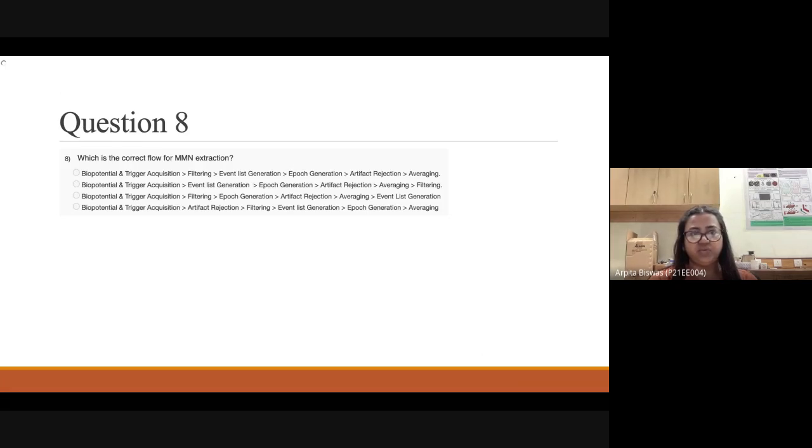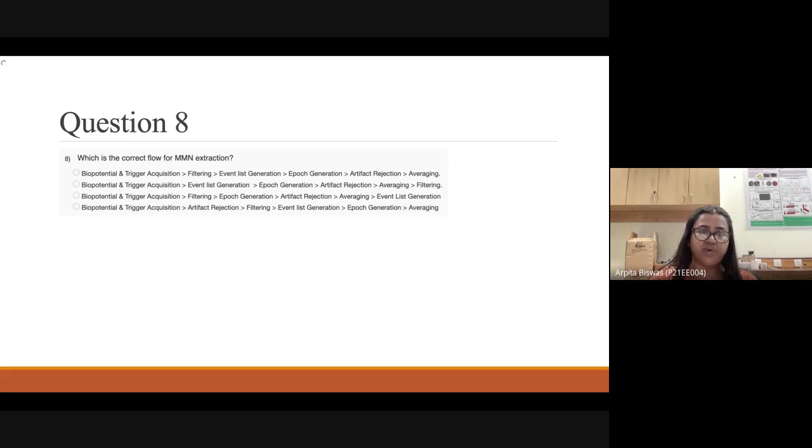So this is question number 8. Which is the correct flow for MMN extraction? First is biopotential and trigger acquisition, then filtering, then event list generation, epoch generation, artifact rejection, and averaging. Second is biopotential and trigger acquisition, then event list generation, epoch generation, artifact rejection, averaging, and then filtering.